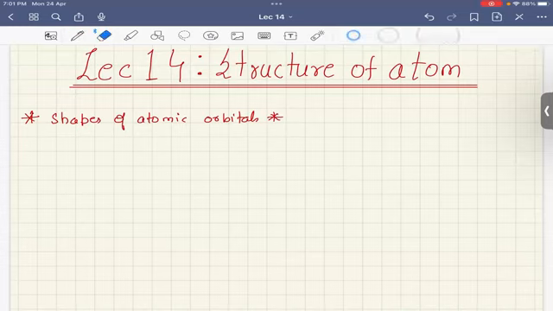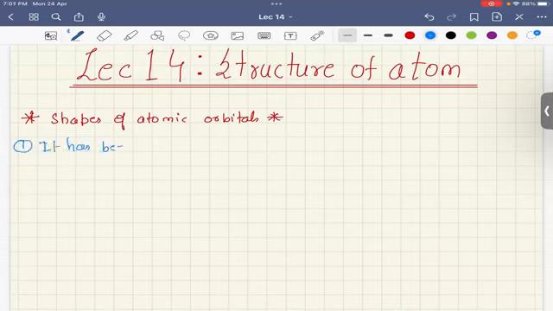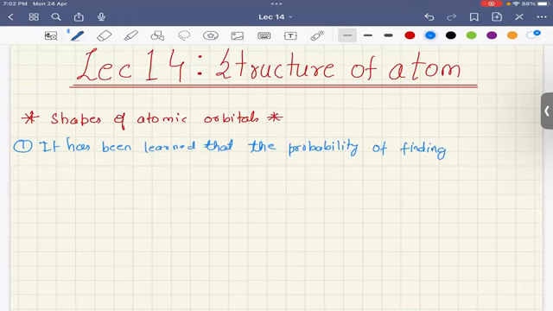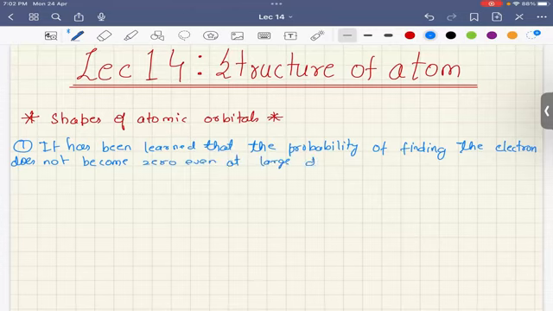The first point which we are going to write is that we learned that the probability of finding the electron does not become zero even at large distances from the nucleus, right?